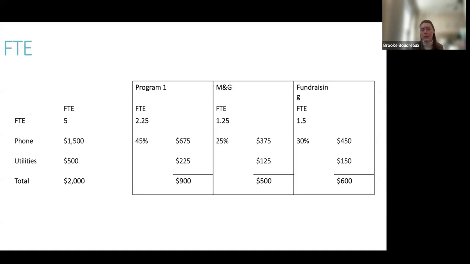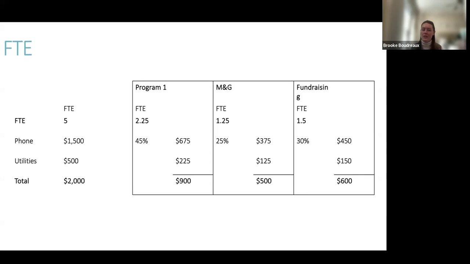And so the FTE method takes what we've done with the time and effort reporting and applies it again to non-personnel items. So you'll see here, remembering from our time and effort reporting, that we had 2.25 FTEs spending time on Program 1, so about 45% of our total personnel. We had 1.25 FTEs spending time on management and general activities, and then we had 1.5 spending time on fundraising activities.